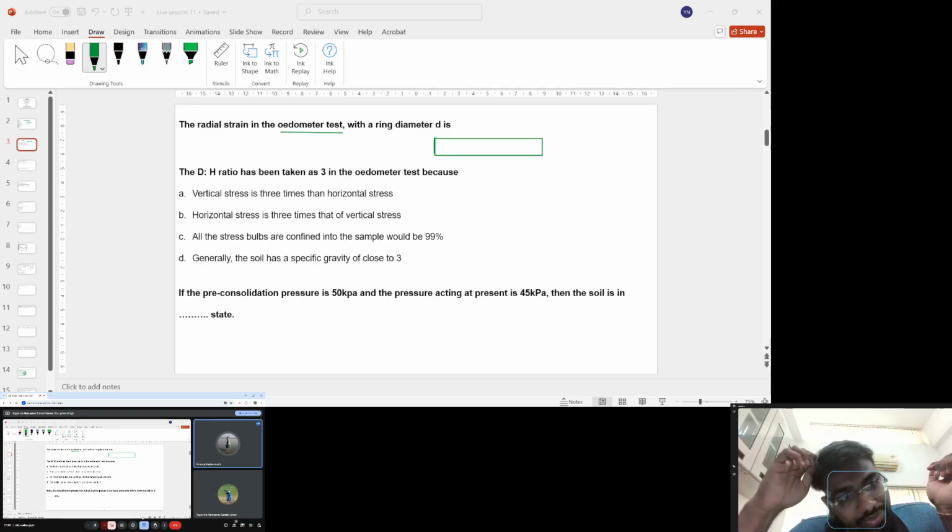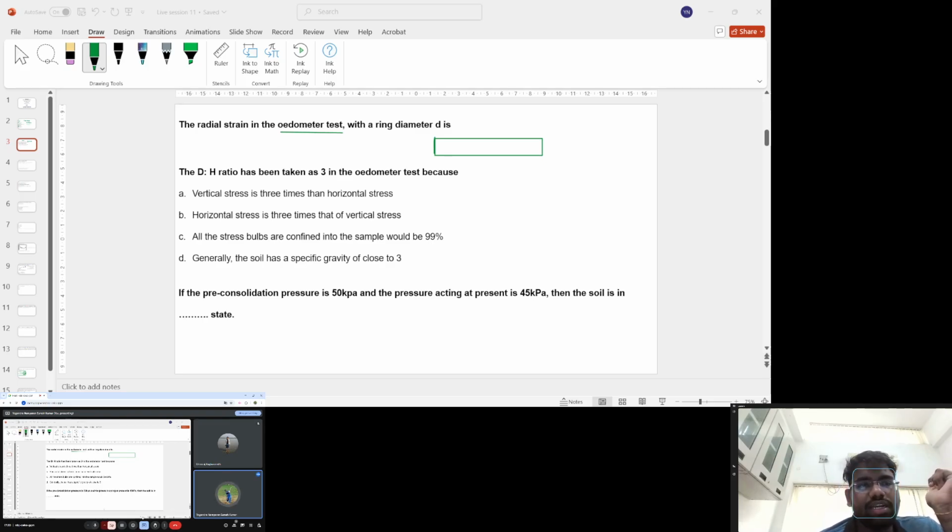Yeah. So in that only one direction load is applied. Why? So consolidation is that the change in thickness you are measuring, right? So it is in the vertical direction you are able to measure the change in thickness of the sample.